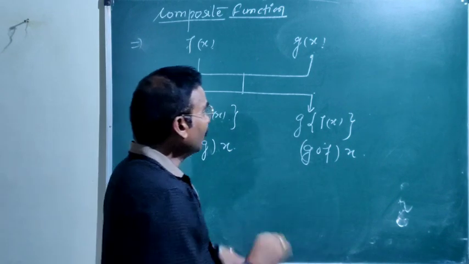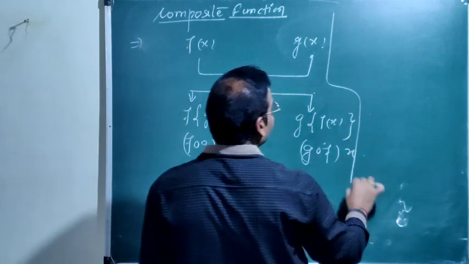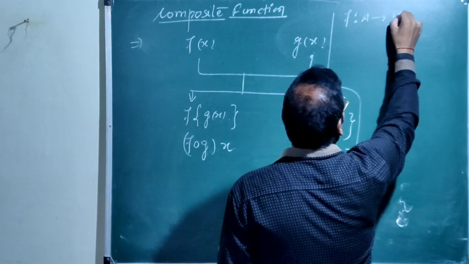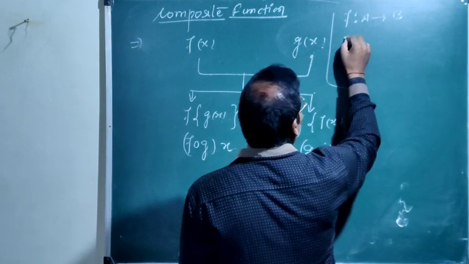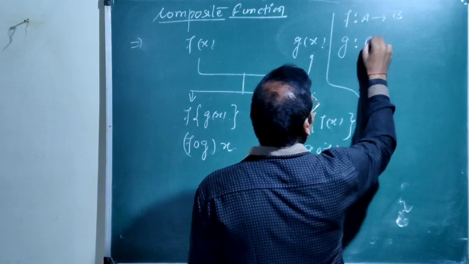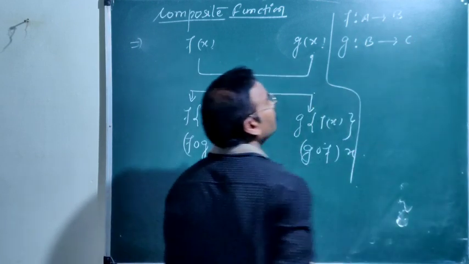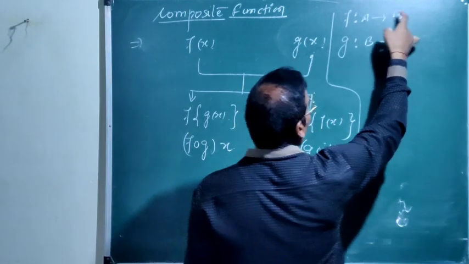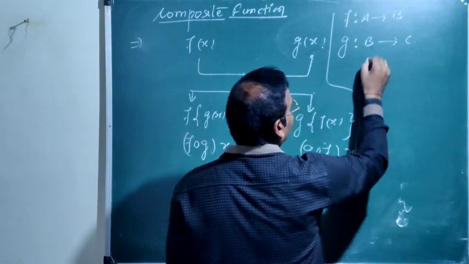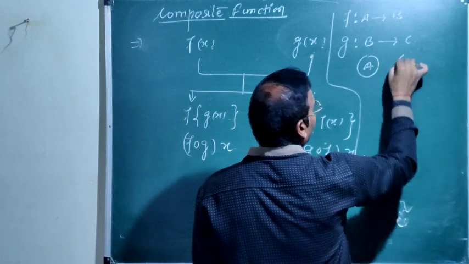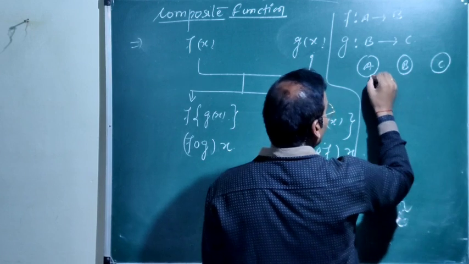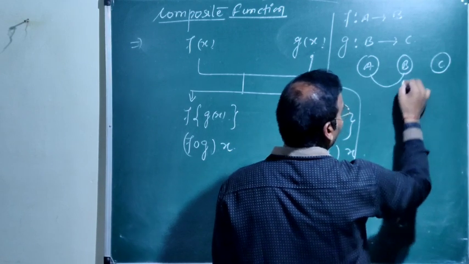Okay, in the manner of mapping, if f from a to b is a function, and g from b to c is another function, so this means a to b and this is b to c. Here a, here b, here c. So there is a relation from a to b and b to c.